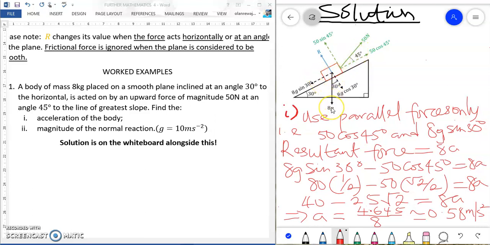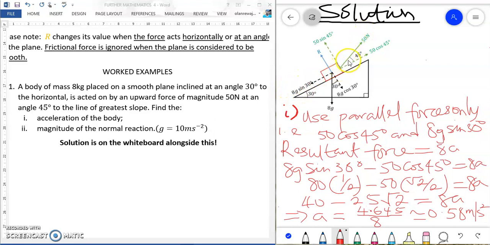The weight of this body is acting vertically downwards, at an angle of 90 degrees to the horizontal and not to the plane, but it has components acting perpendicularly to the plane, which is this, and also acting parallel or along the plane, which is this very one.